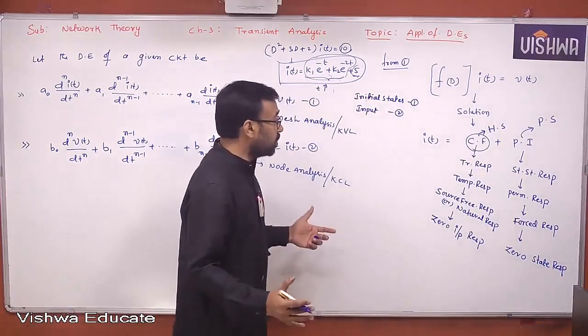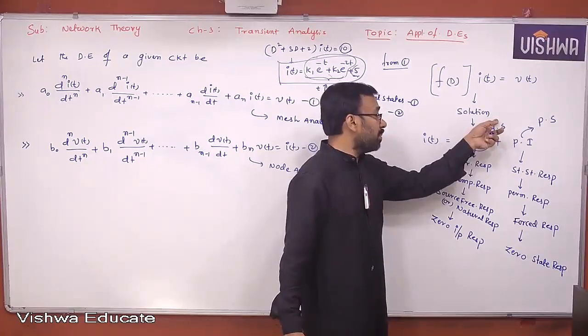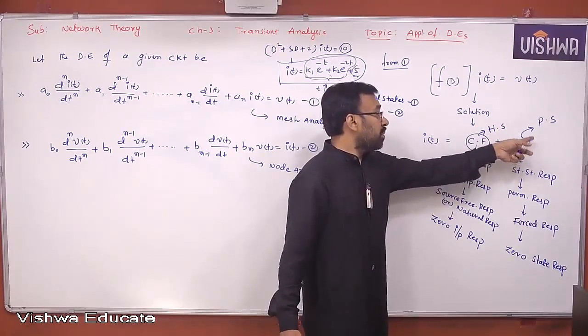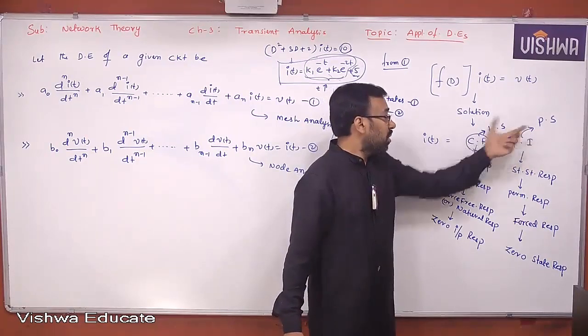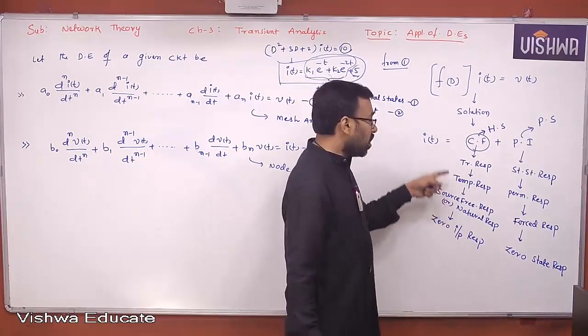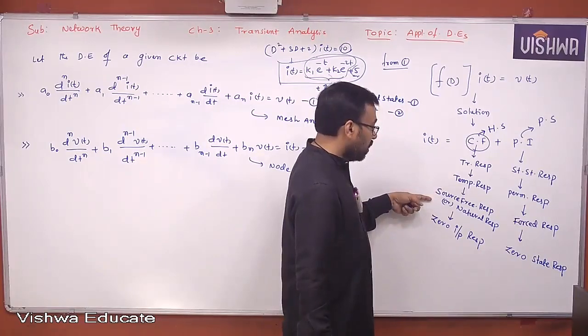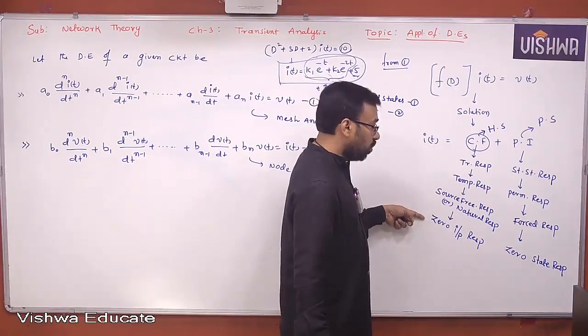There are different names: complementary function, homogeneous solution according to the mathematician, and particular integral, particular solution according to the mathematician. But according to our electrical engineers, you are supposed to call the terms transient response, temporary response, source free or natural response, zero input response.